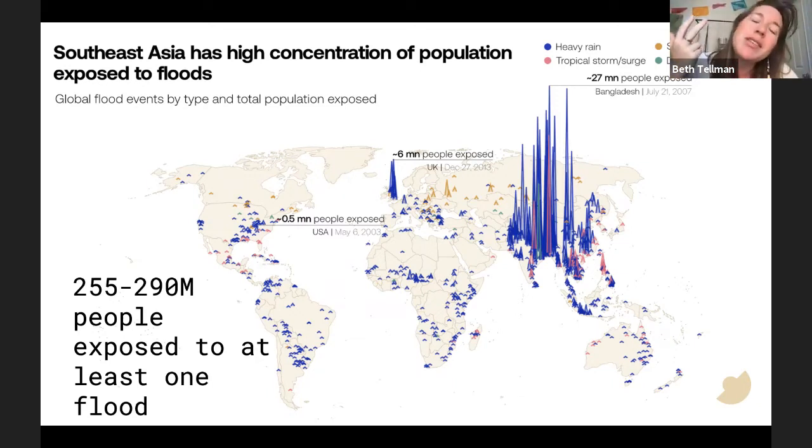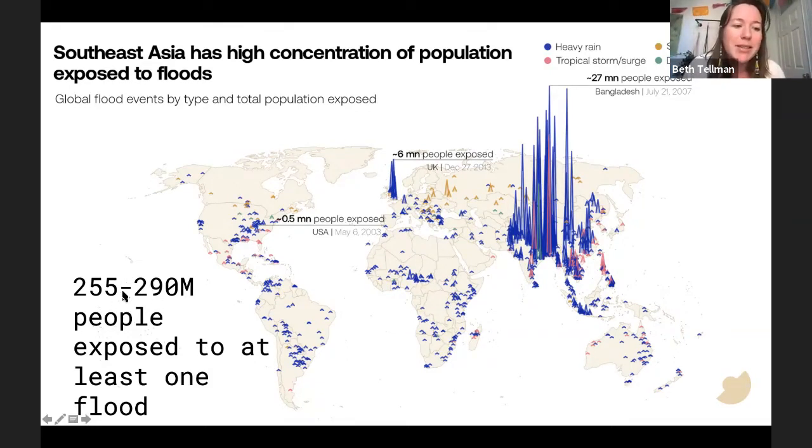And we also used HRSL, the high resolution settlement layer, which is not available for every country, but we were able to look at the bias difference between those 2 data sets. Turns out the higher population resolution data you use, you typically count more people flooded. So it's important to think about this number as a range.